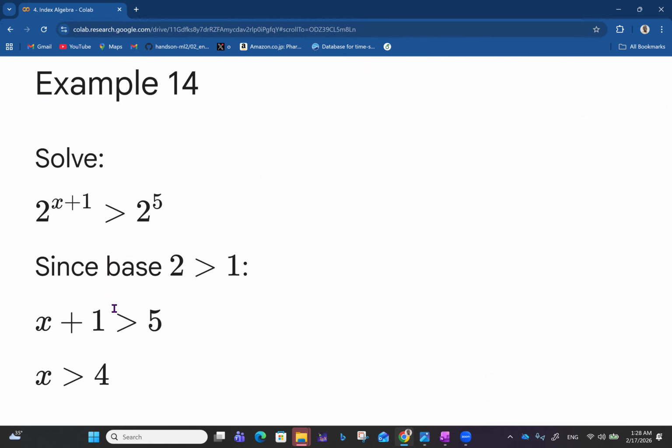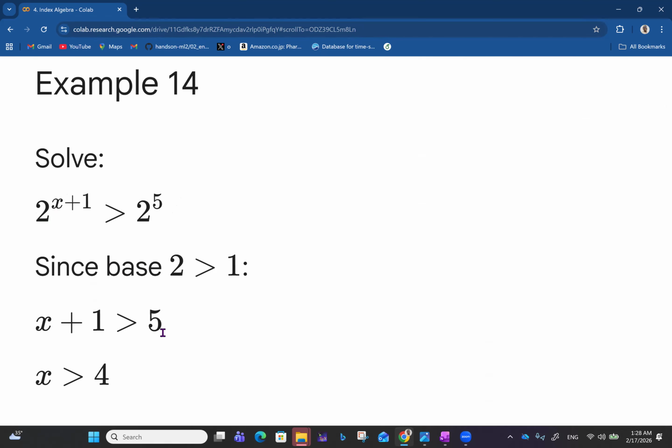Yeah. So example 14 now. You want to solve 2 raised power x plus 1 greater than 2 raised power 5. So they have the same base, right? And since the base is bigger than 1, it means that x plus 1 will be bigger than 5. So x plus 1 is greater than 5.